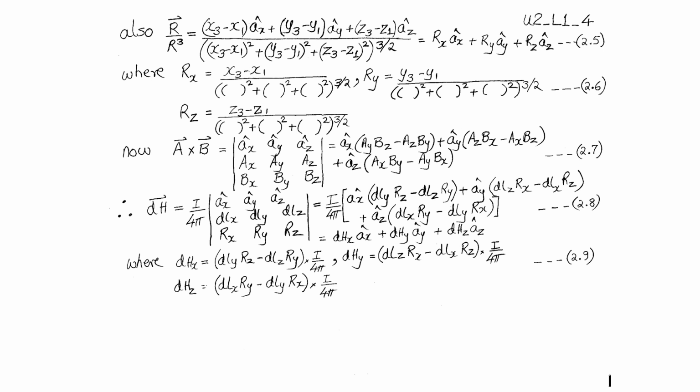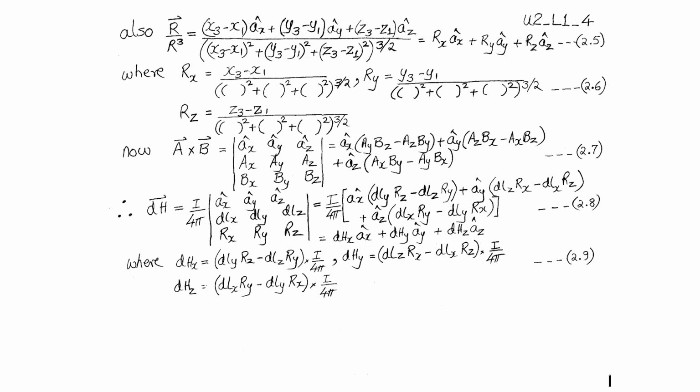Applying this formula to our case, where we have to evaluate I dl cross r divided by 4 pi r cubed, we get dH as represented by equation 2.8.